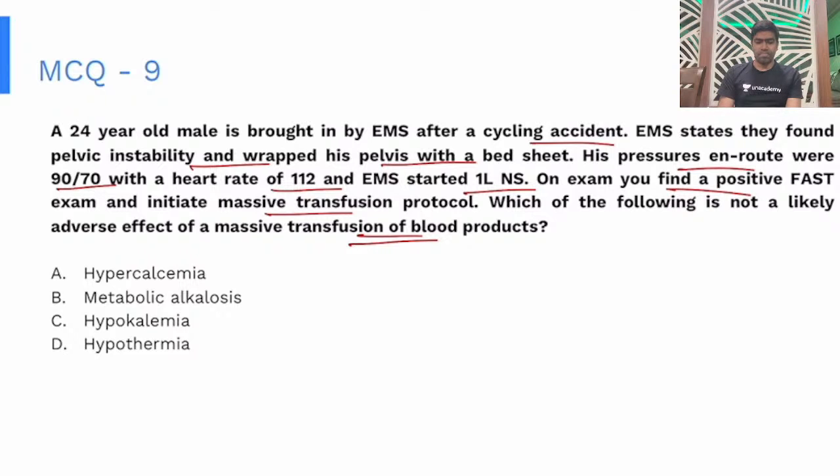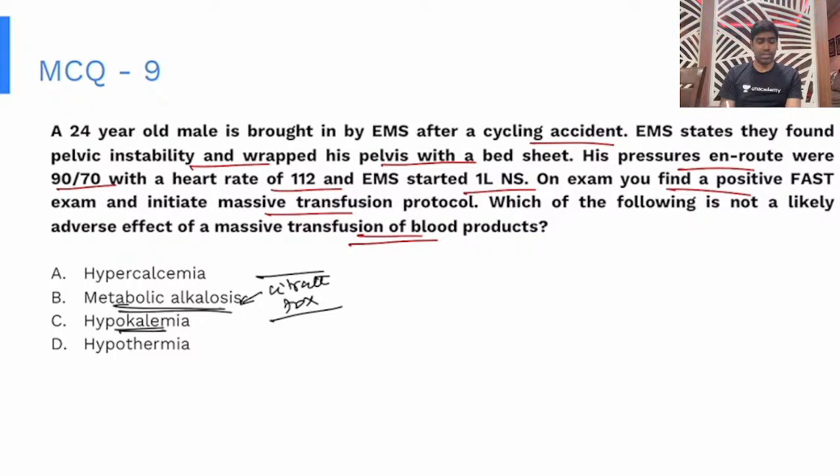Metabolic alkalosis is an effect of massive transfusion because of citrate toxicity. Everyone knows that. Citrate toxicity, and if the liver is functioning normally, it is going to result in metabolic alkalosis. Hypokalemia can also occur in patients with massive transfusion, even though hyperkalemia can also occur.